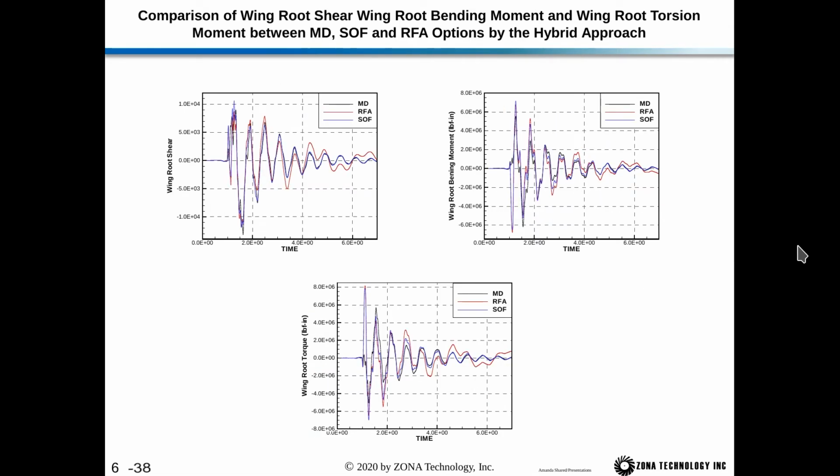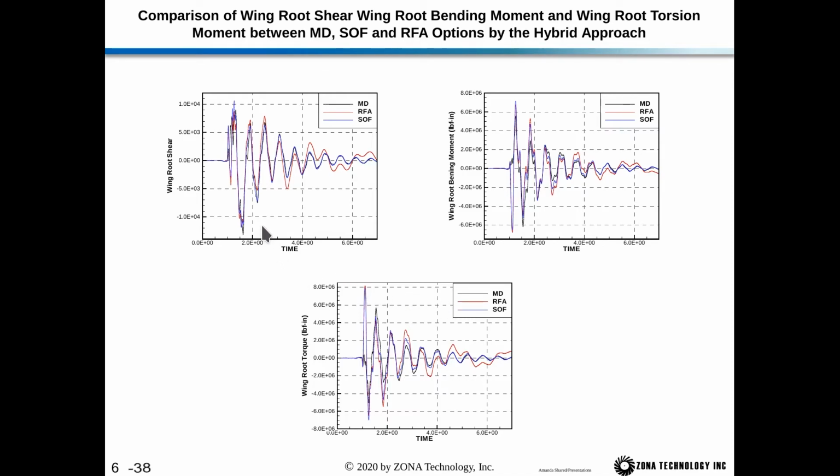Next, we'll compare the wing root shear, wing root bending, and wing root torsion moment between the mode displacement, the SOF, and the RFA options using the hybrid approach. We recommend the SOF option.